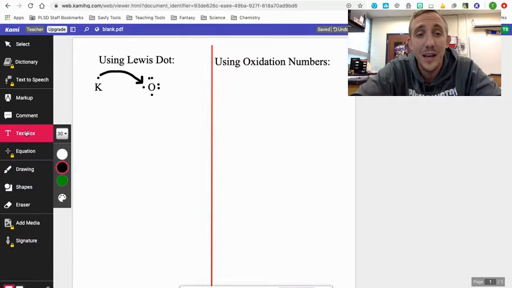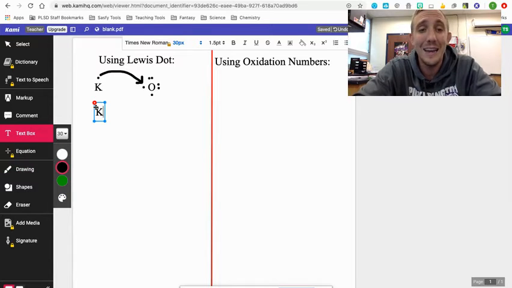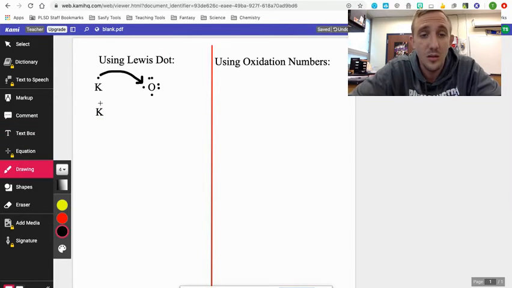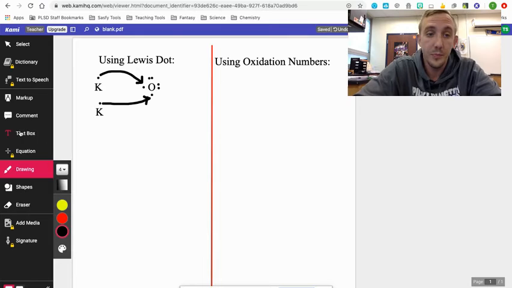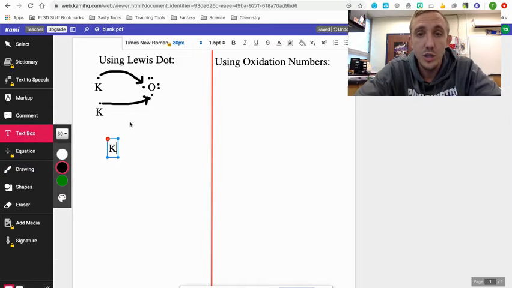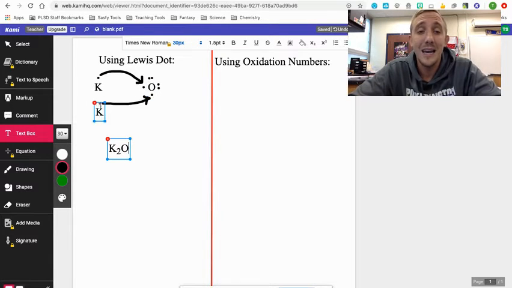And to satisfy them, I'm going to have to add elements. And so I'm going to go ahead and draw another potassium because oxygen needs another electron. And so my ratio right now would be K2O, because I have 2 potassiums for every oxygen. And notice I've lost all my electrons and I've gained all the electrons that it needs to gain.